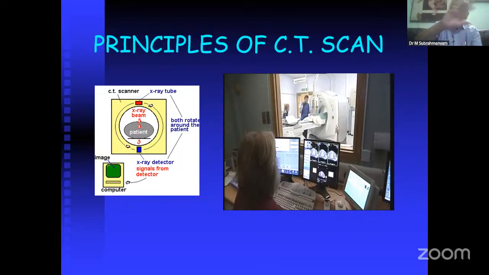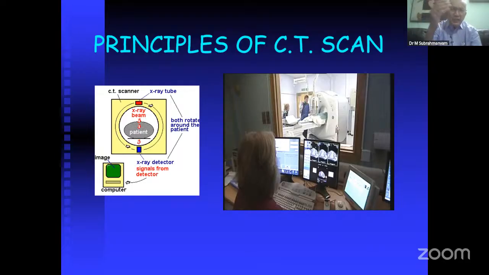Both rotate in opposite directions. The X-ray detector is connected to the computer, which analyzes the inputs received by the detector and converts them into an image.